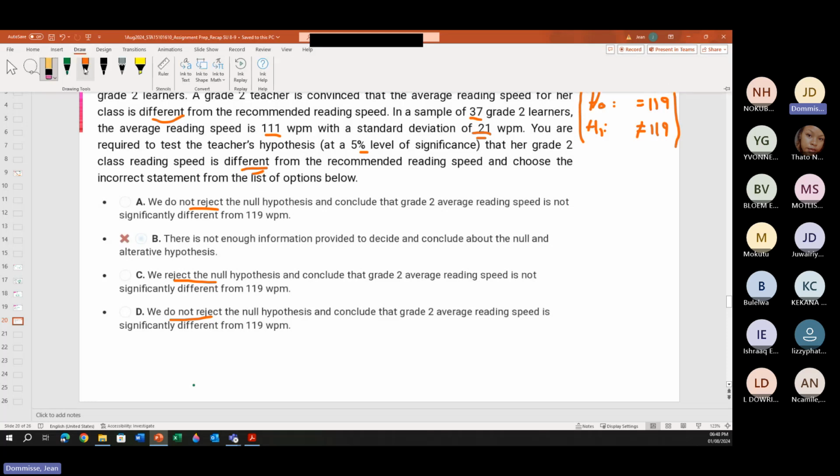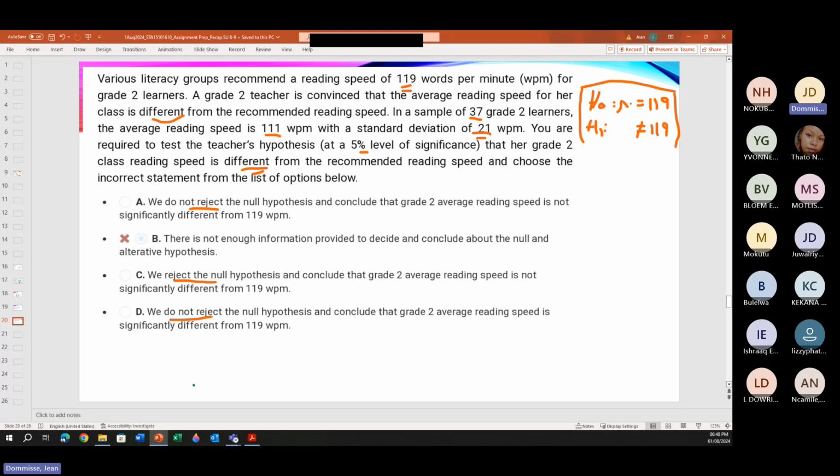I don't know why I'm doing that. It's a mean, we're talking about the mean. I don't know why I went for proportion. I did it twice tonight. So it's actually means, not proportions. Sorry about that, my head is just going one way.